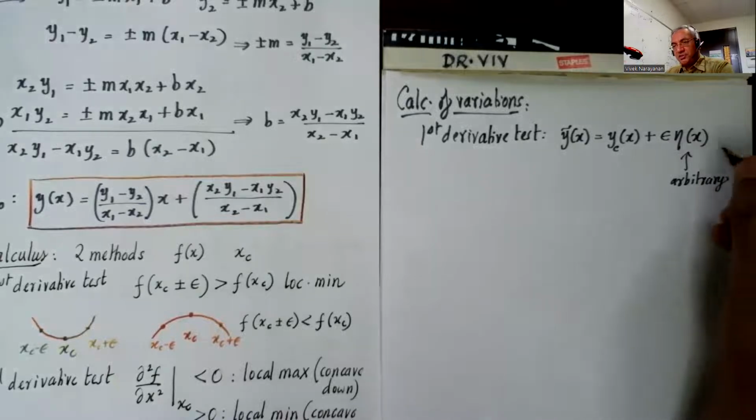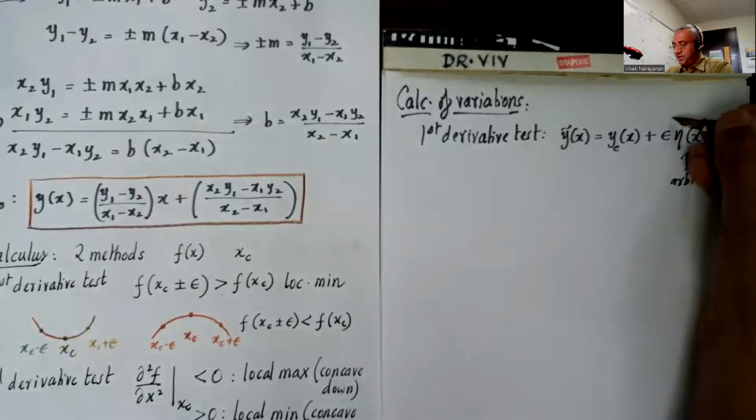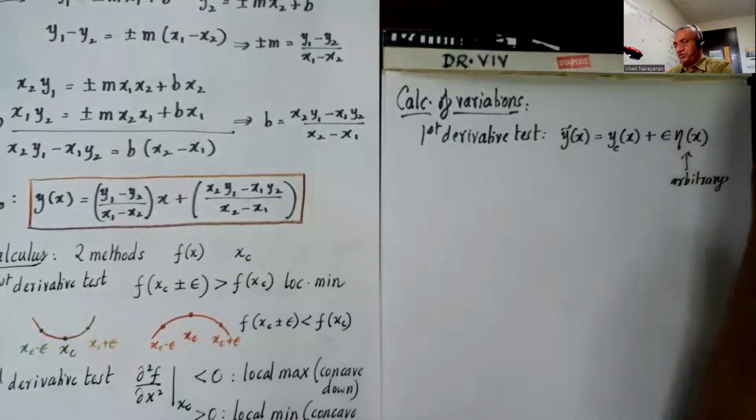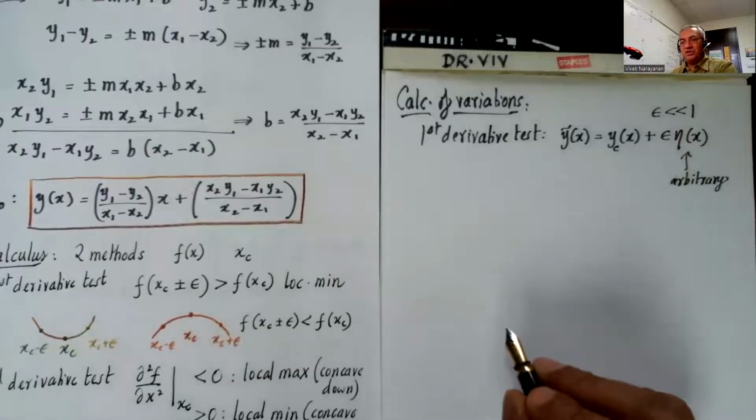In other words, you're not at liberty to assume what eta is. You just call it some function. Epsilon is your parameter that you can actually control. The strength of epsilon can be controlled, and we'll take epsilon to always be much less than 1.